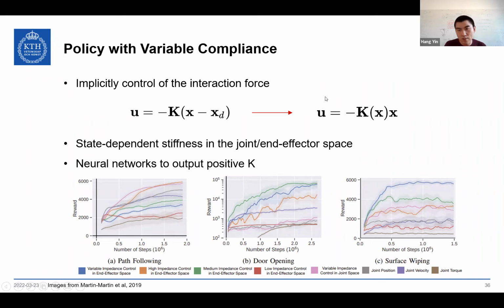And they show that with such a policy, basically a neural network times your x again, this structure works pretty well for contact-rich tasks like door opening and surface wiping, compared to the most basic form, where I just let my neural network predict what force to apply.